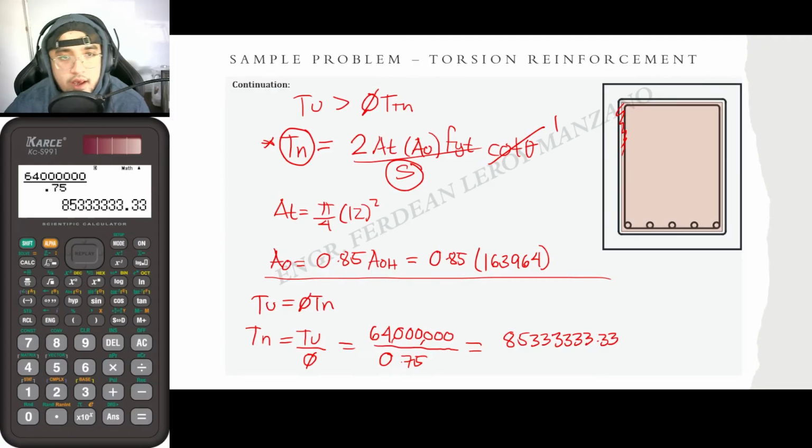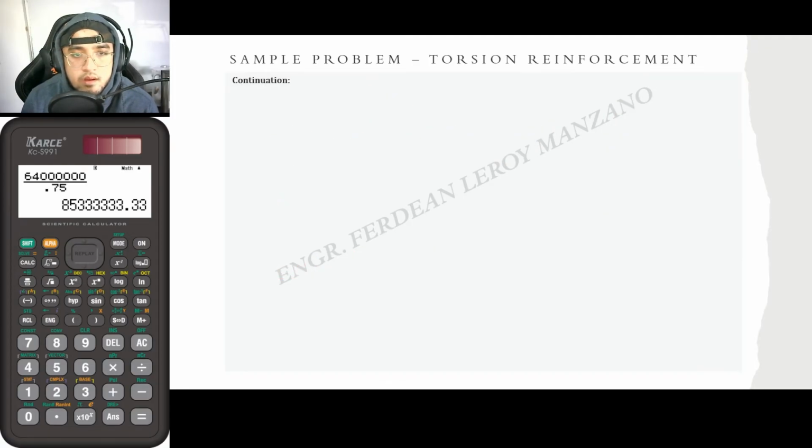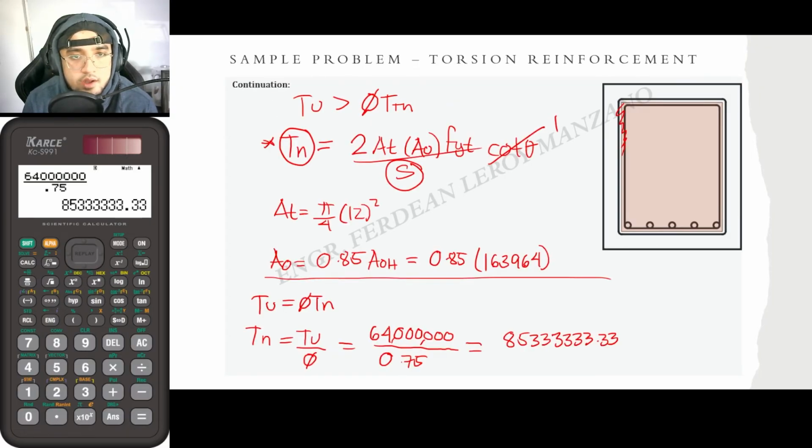So from that, guys, once again, Tn is equal to 85,333,333.33, and this is now our governing equation.